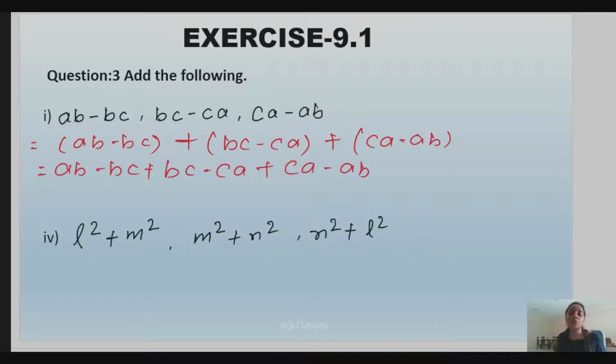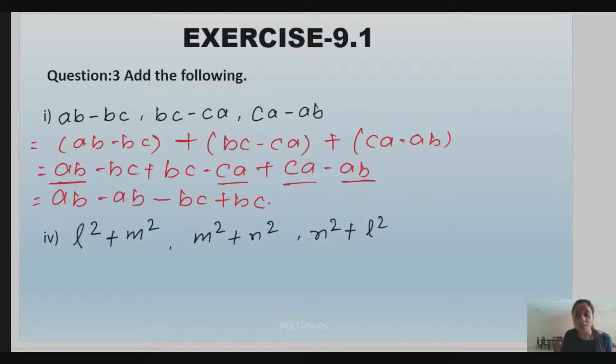Now we can do the addition and subtraction in between the like terms only. So AB, I can apply operation with AB only. So AB minus AB, then negative BC, positive BC, then negative CA and positive CA, right? And at last, each and every term will cancel each other and we will get 0 as our answer.